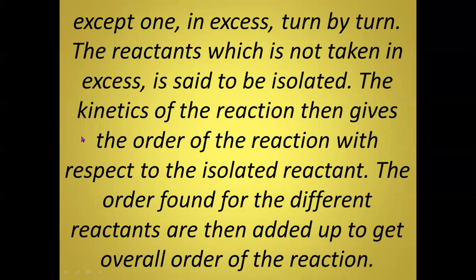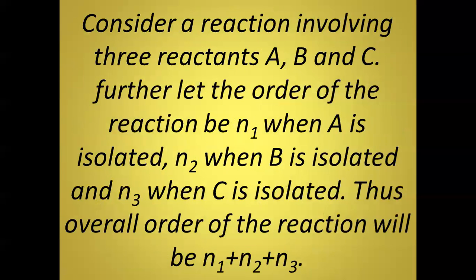Let us say N1 is the order of reaction with respect to A, or when A is isolated, N2 with respect to B, or when B is isolated, and N3 when C is isolated, or with respect to C. Then after finding the order of reaction with respect to A, B, and C by isolating them, we have to add them together.